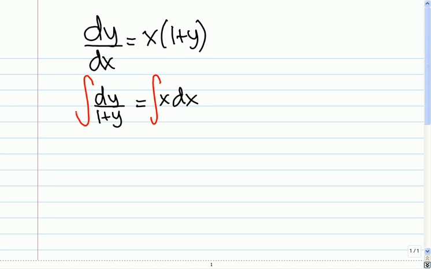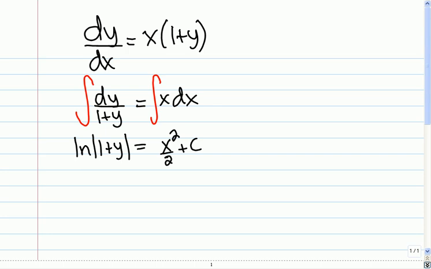So if I integrate both sides, what will I come up with for the side with respect to y? Yeah, it's a natural log. So it'll be natural log of 1 plus y equals x squared over 2 plus some constant.